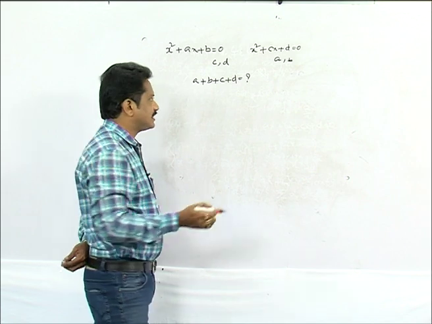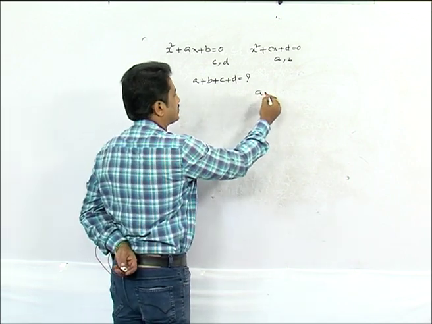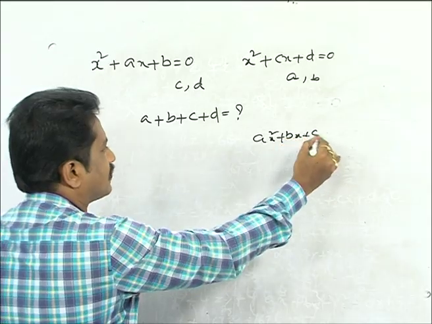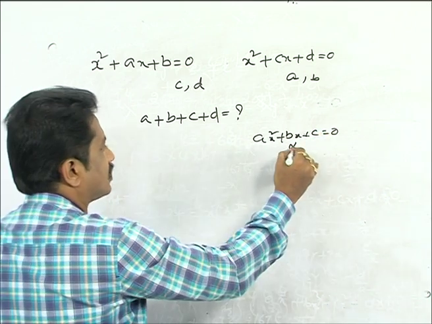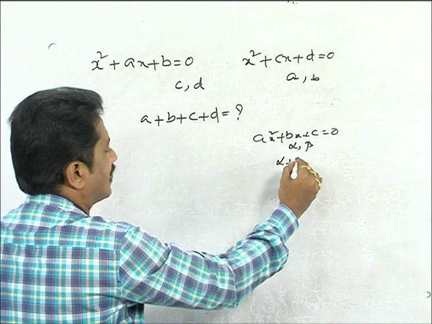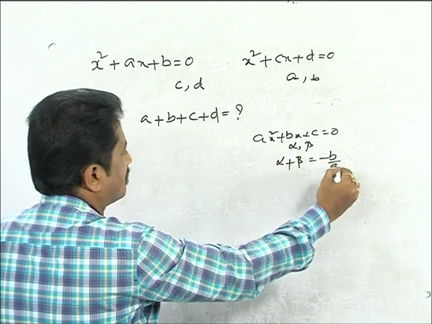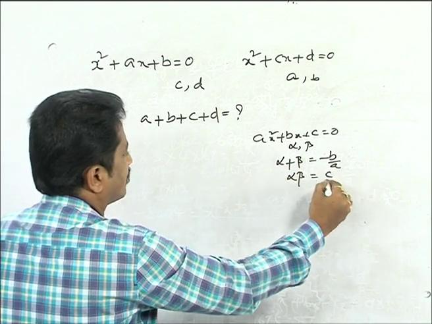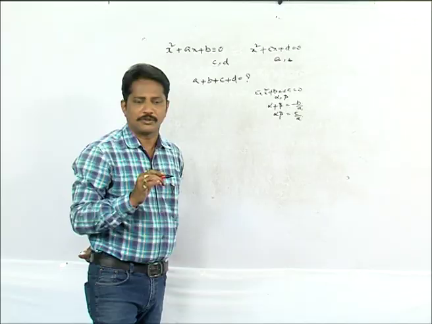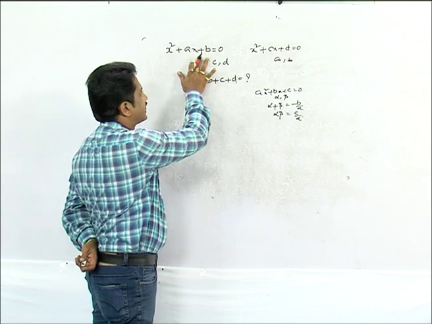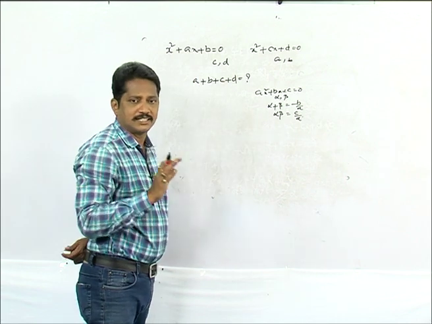So, you know that, as I said just now, ax square plus bx plus c is equal to 0 is a quadratic equation. If alpha, beta are the roots, then alpha plus beta equal to minus b by a, and alpha beta is equal to c by a. Now, I am going to use the same concept to get the answer, correct? Okay. X square plus ax plus b equal to 0, its roots are c and d.